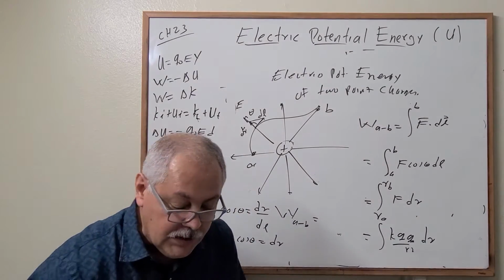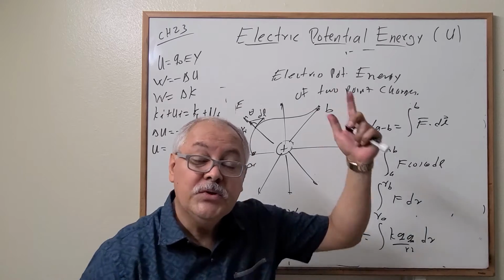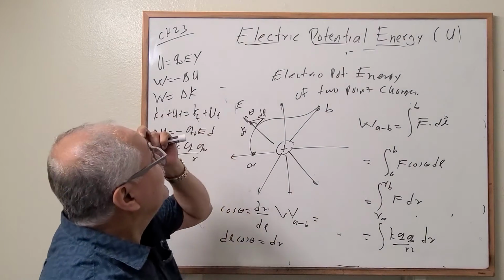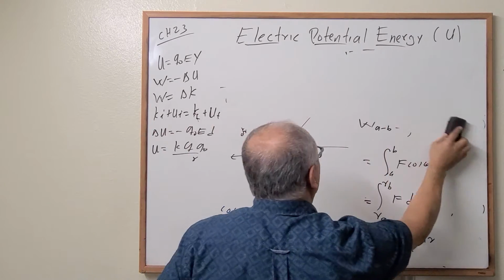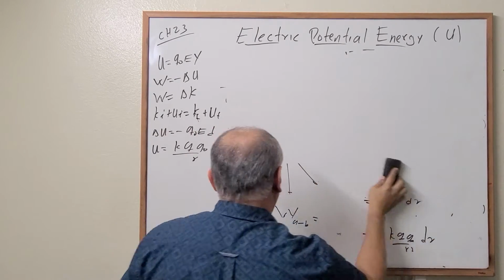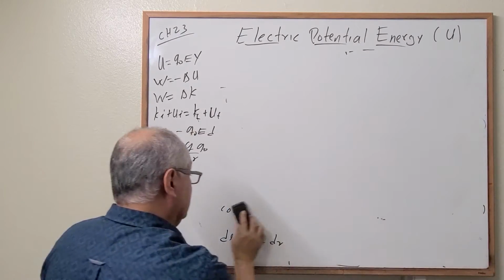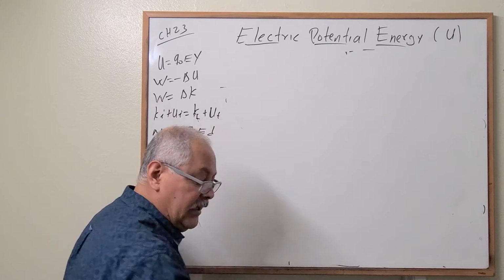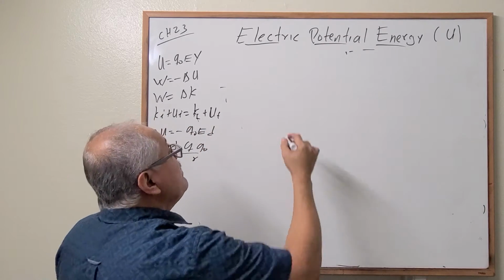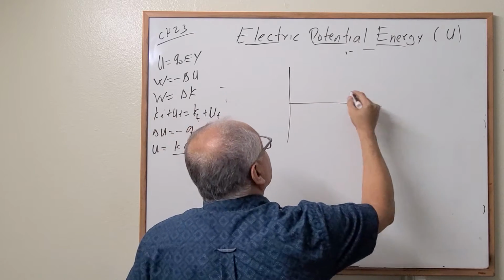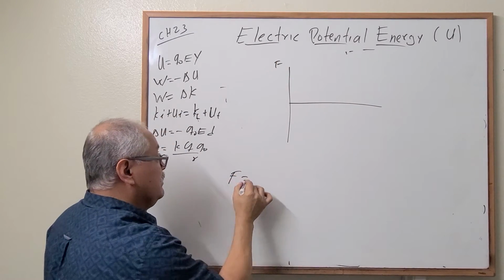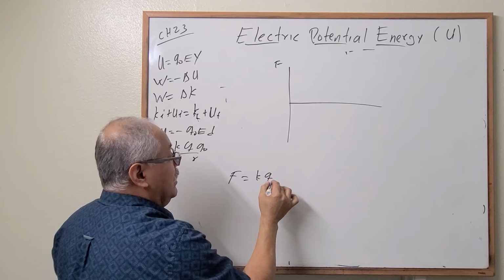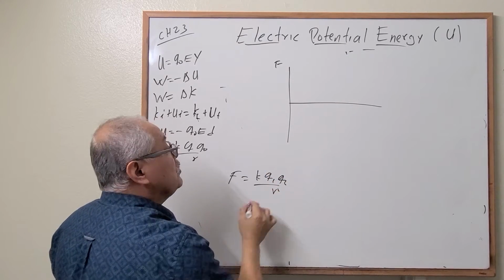Now, let's do the graph for the electric potential energy. Let's find that graph and compare that to the force. Remember how we're dealing with electric force. According to Coulomb's law, force is equal to k Q1 Q2 over r squared.